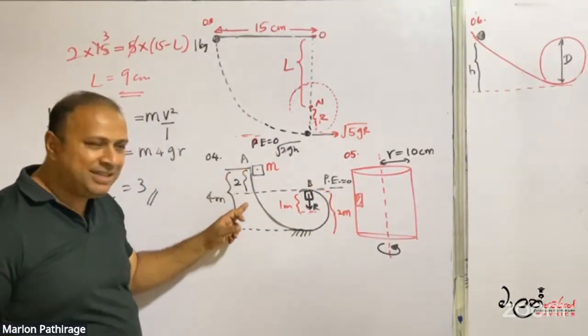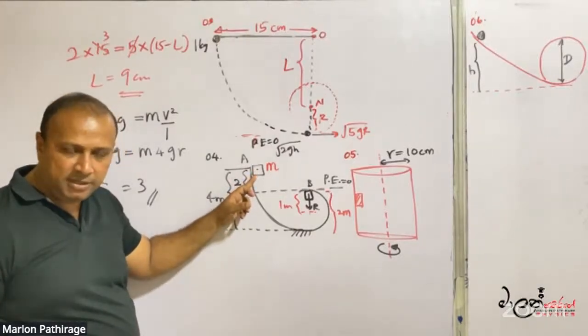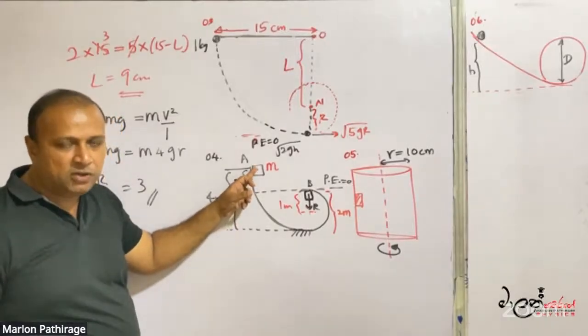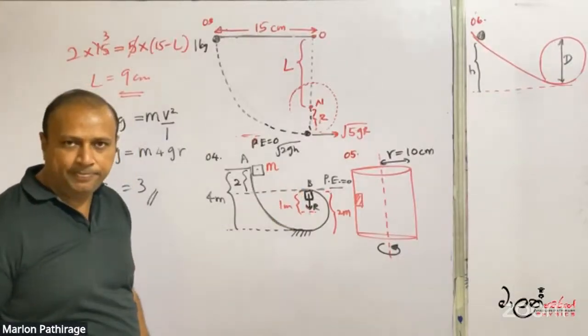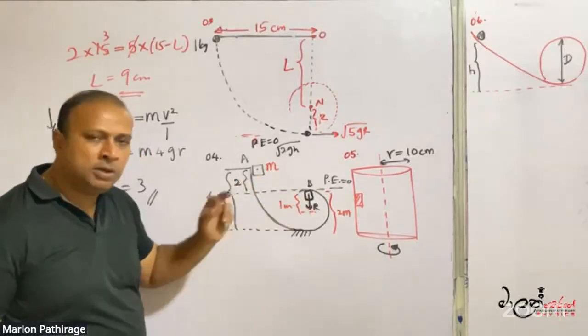Now the height is 2. If you apply energy conservation, initially there was only potential energy, and now there is only kinetic energy.